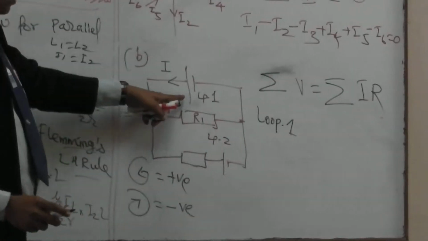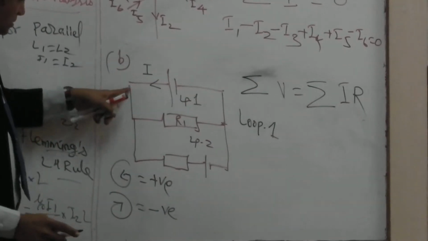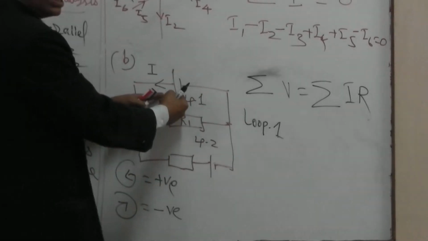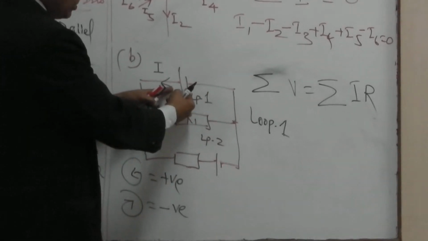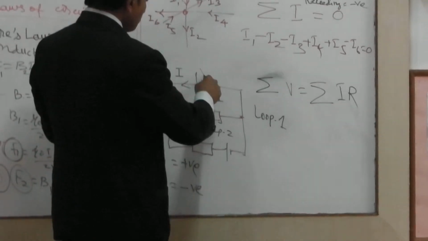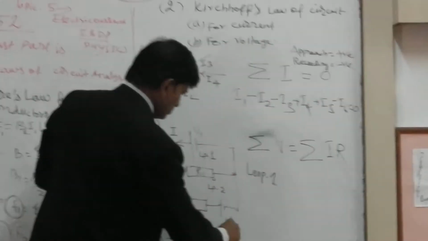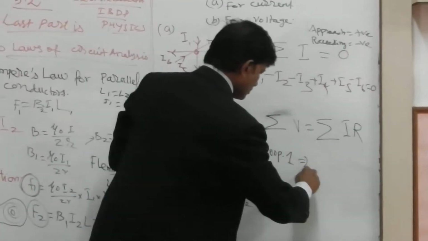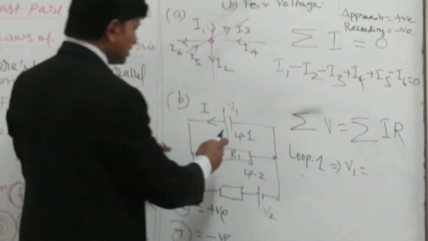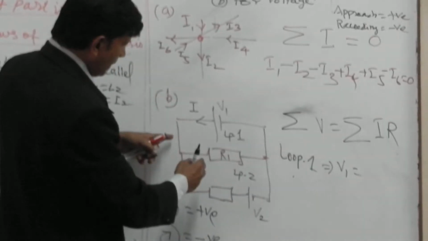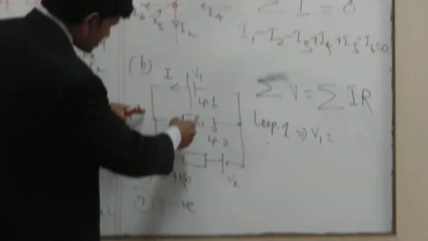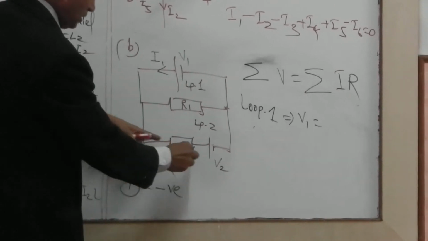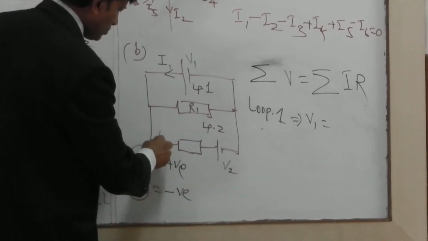So let me take loop 1. How many batteries are there? Only in this loop 1, only one battery. We call this B1 and this B2. Then the current is moving in this direction. Let us say I1 is the current here, and this delivers a current of I2.